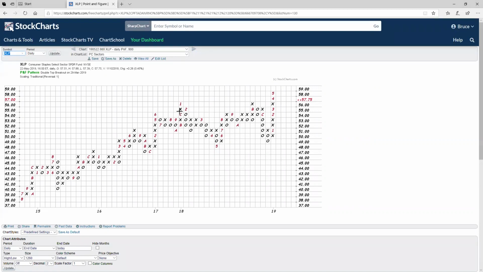And we're going to take from this place where weakness occurred, count from here over to here. And then this will give us a count of 16 plus 48, which takes us to 64. And so our objective is up here in the $64 area, which is higher than where we are now.